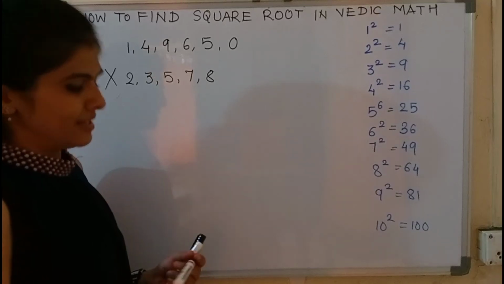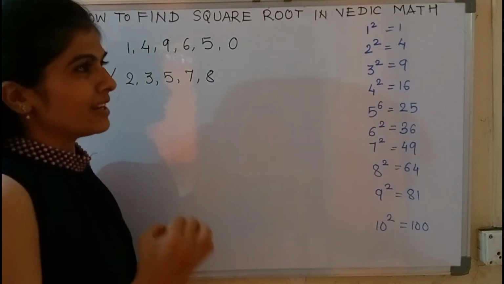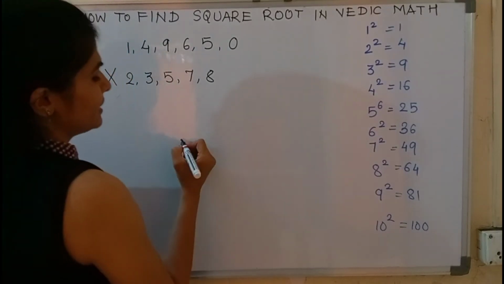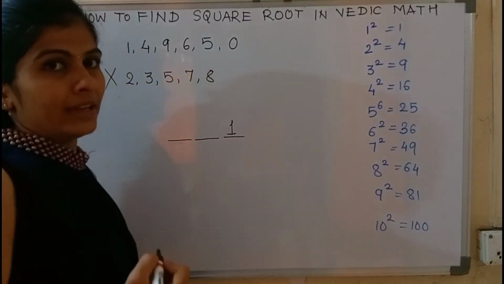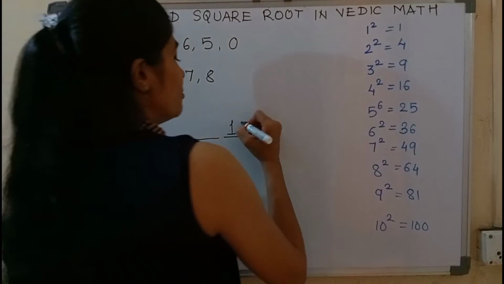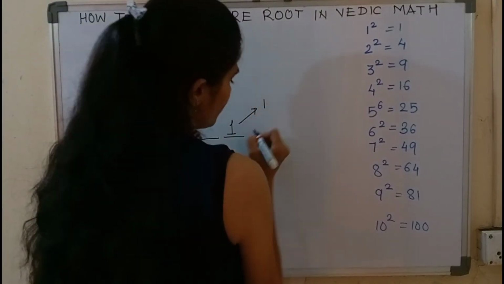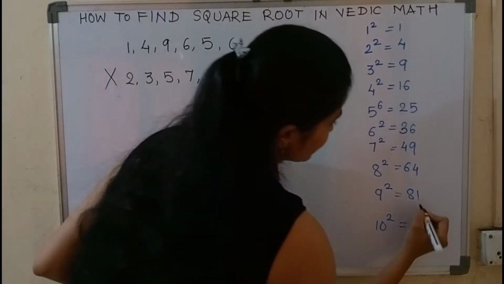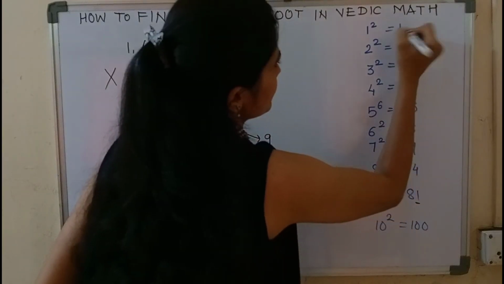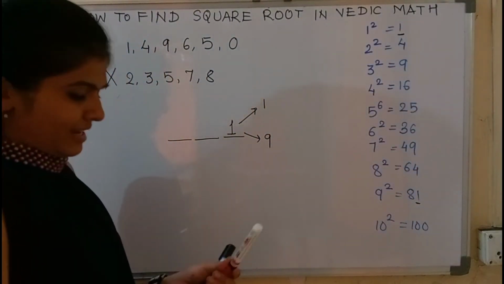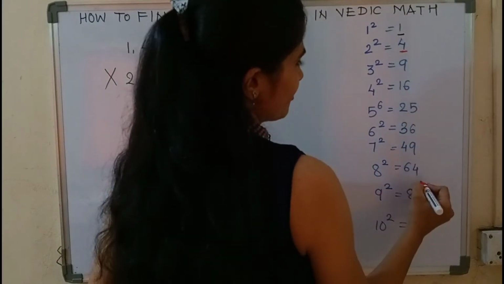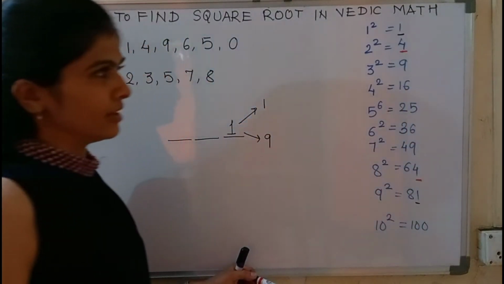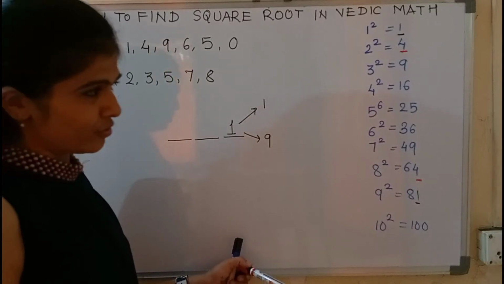Now the next thing is, if any number ends with 1, let's say the unit digit of any number is 1, then its square root must end with either 1 or 9. You can see that, right? If any number ends with 4, its square root must end either with 2 or with 8, right?